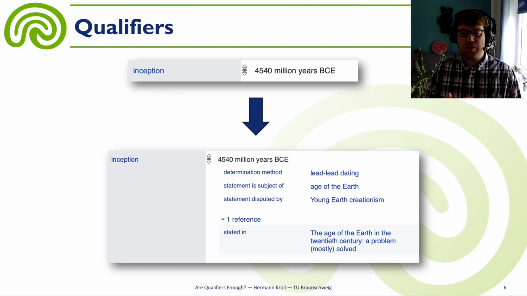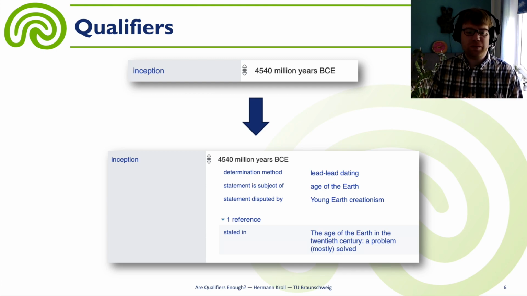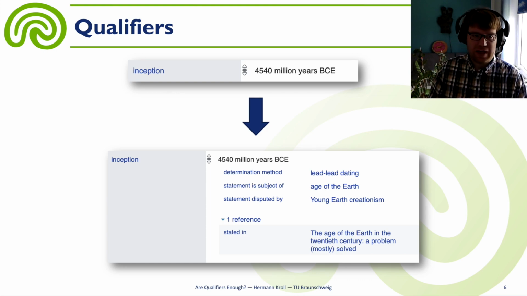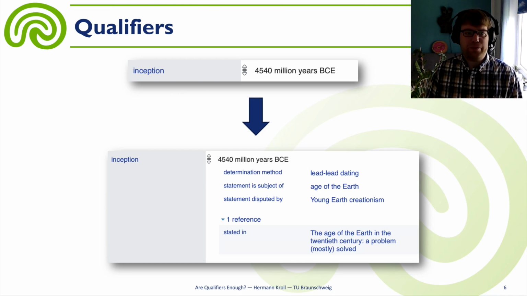A qualifier is a property-value pair which is attached to some statement. So in brief, we could store additional information which we know about the statement. For example, how it was determined, which was a point in time, is it subject of some theory, is it disputed by some other guys, for example, has it a reference to some source, so provenance information or additional context information about the statement, right? This is what we can do with qualifiers.